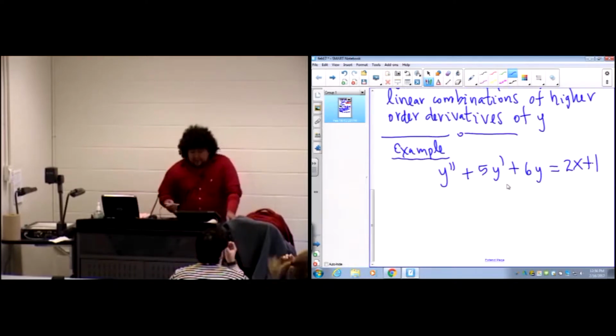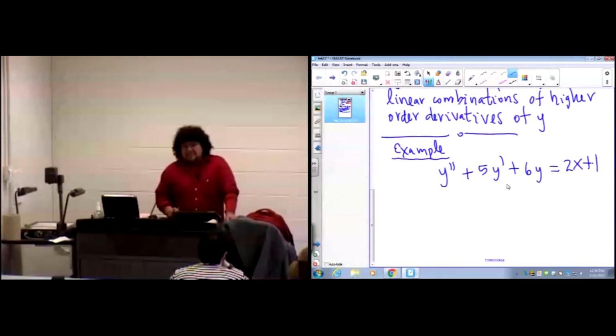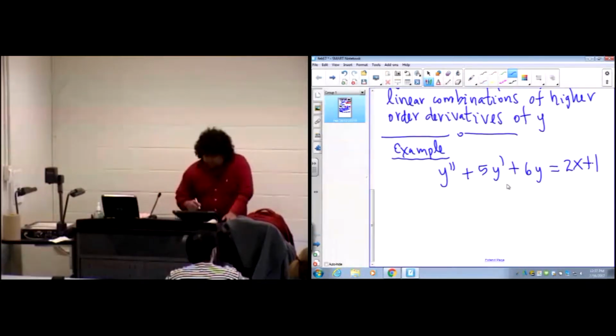In this case, for the operator L of y, what we have are coefficients using that notation. P sub 2 of x would be equal to 1, P sub 1 of x would be equal to 5, and P sub 0 of x would be equal to 6.